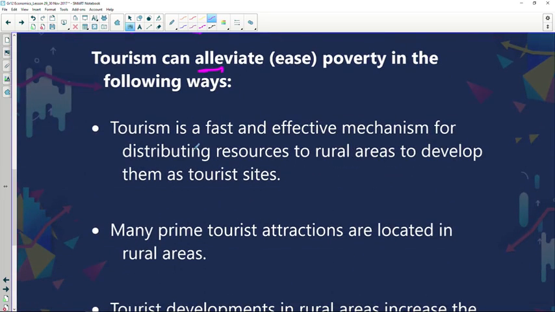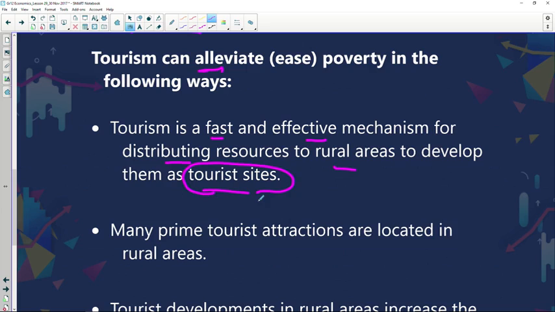So tourism is a fast and effective mechanism for distributing resources to rural areas and also to develop them as tourist sites. Okay, so there are areas that can be developed so that they also become what we call a tourist site.